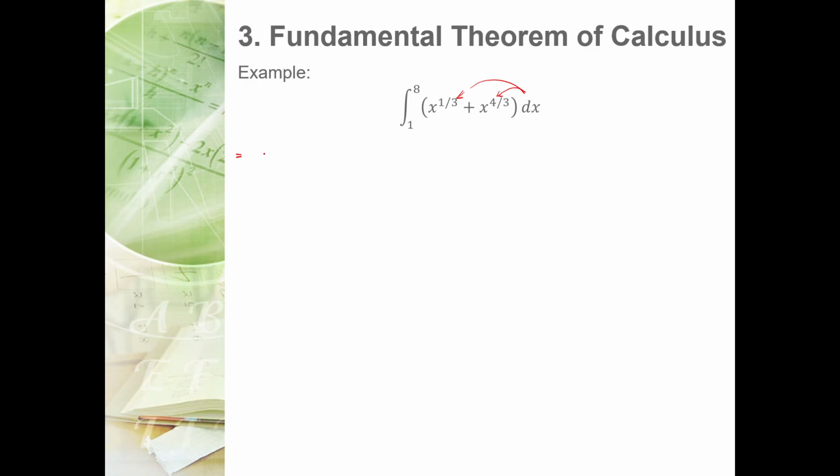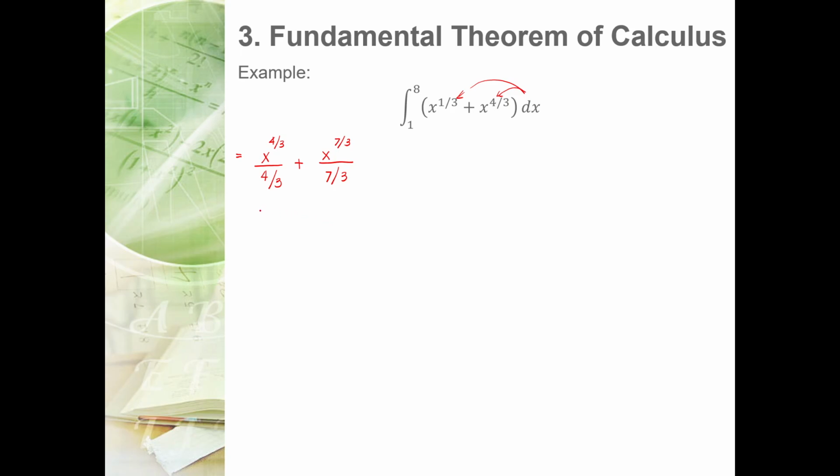So the first one is x, 1/3 plus 1, that will be 4/3, all over 4/3. Then plus x to the power of 7/3 all over 7/3.